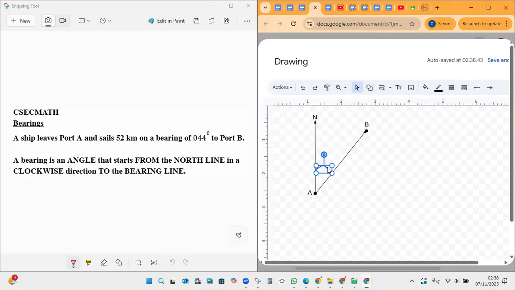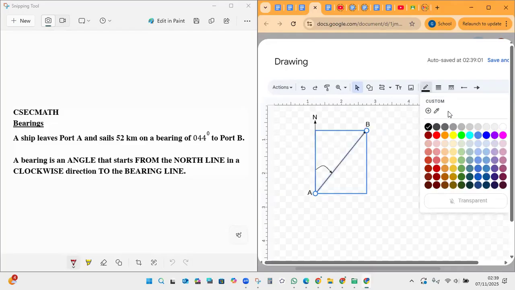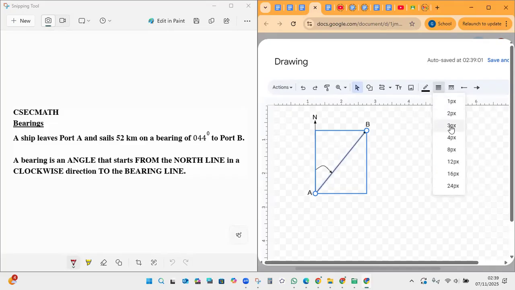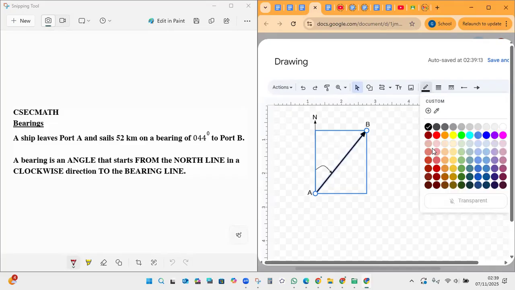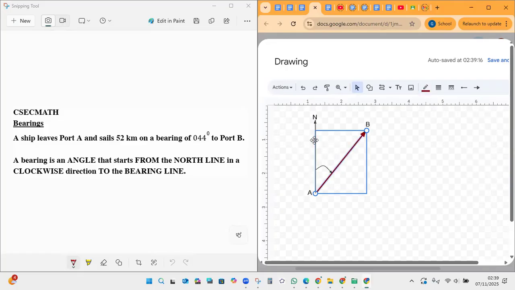Let's see, we've got those 6 words in our diagram. The bearing is an angle. Here is the angle that starts from the north line in a clockwise direction to the bearing line. Okay. That's basically the diagram for this statement on bearings.